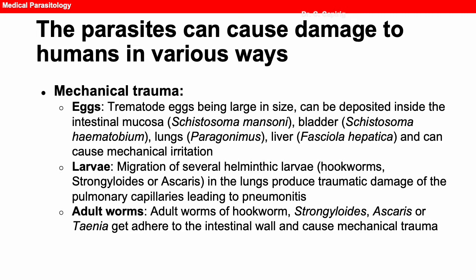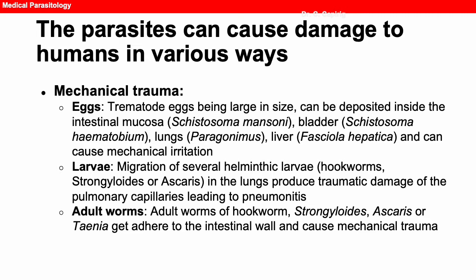Larvae can also be a source of mechanical trauma. It is exemplified by the migration of several helminthic larvae. As I've previously mentioned, helminths have three basic forms: egg, larva, or adult.